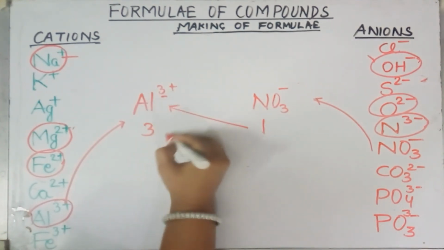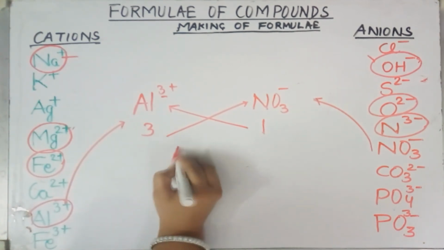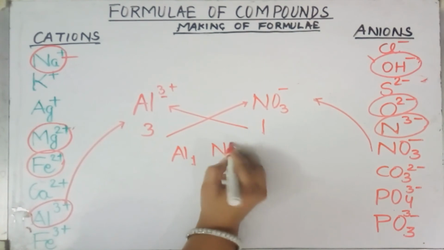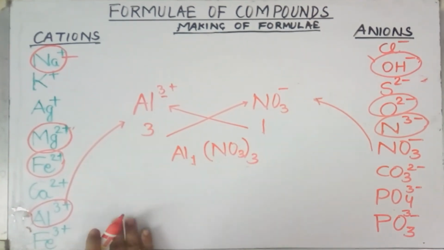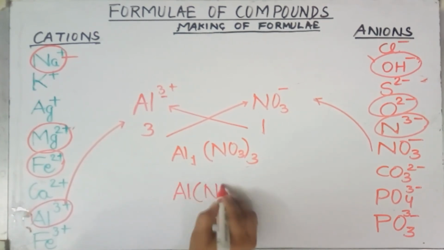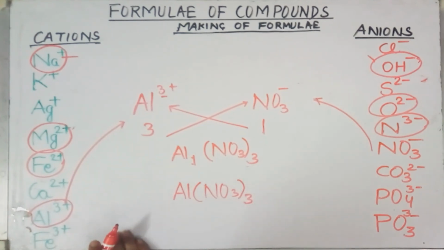Cross multiply both of them, and you will get Al multiplied with the 1, NO3 multiplied with the 3. So the formula becomes Al(NO3)3, and the name of this compound will be aluminium nitrate.